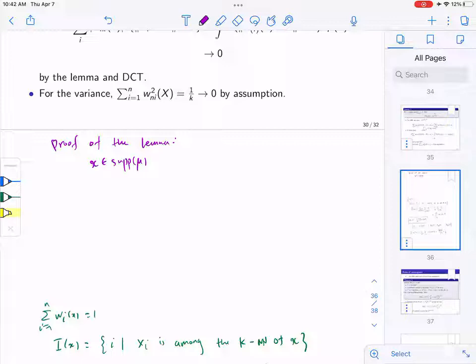Or equivalently, x belongs to the support if for a ball of any positive radius around it, the distribution puts positive mass. So this is the ball centered at x with radius epsilon. If this little x is in the support, then for every ball that I look at, the measure the distribution assigns to it is positive. Okay, that's sort of intuitive.